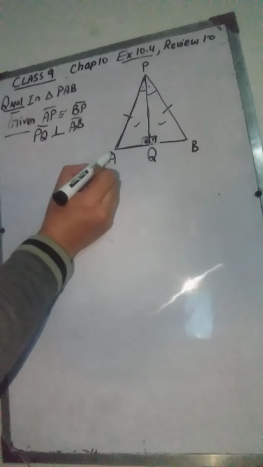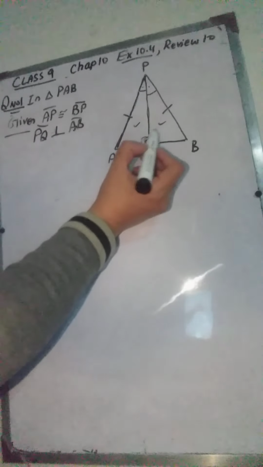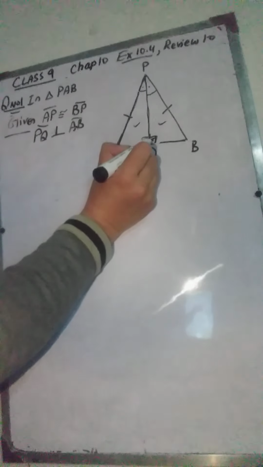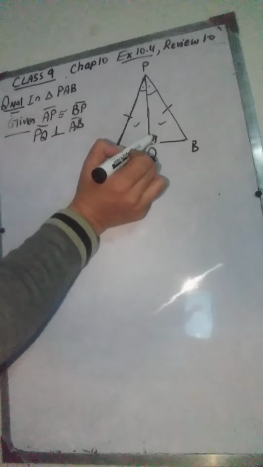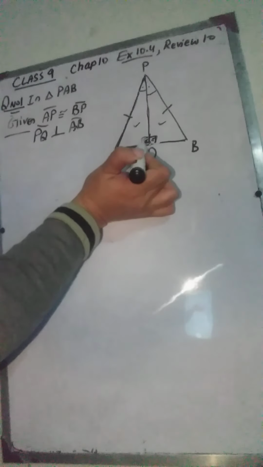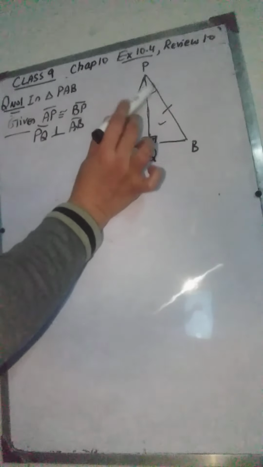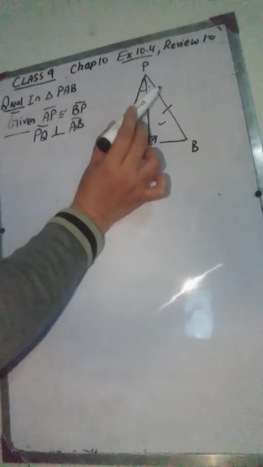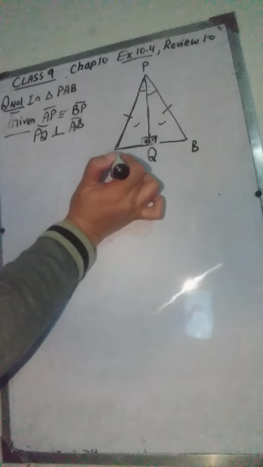In triangle APQ, AP will be the hypotenuse, and the side in front of 90 is always the hypotenuse. So in the other right triangle, BP is the hypotenuse, and PA is the hypotenuse in triangle APQ.